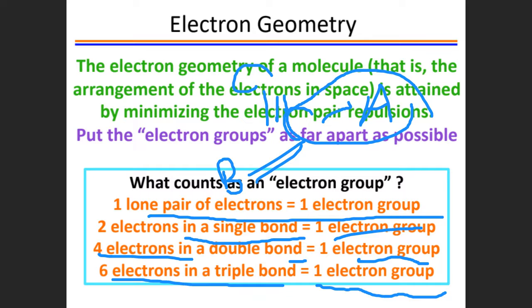So we have to make sure, when we draw the three-dimensional structure, that the electrons in space are arranged so that two electron groups don't come together, because then they will not be very stable. You get too much detail on this in organic chemistry.